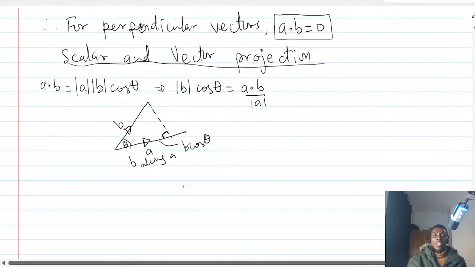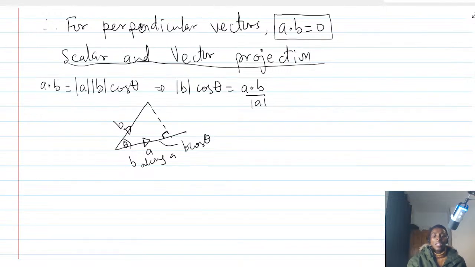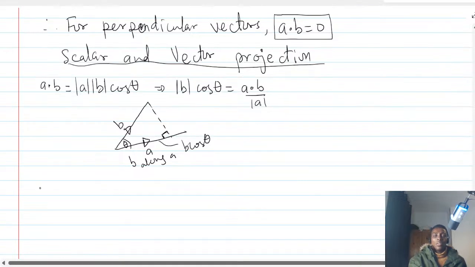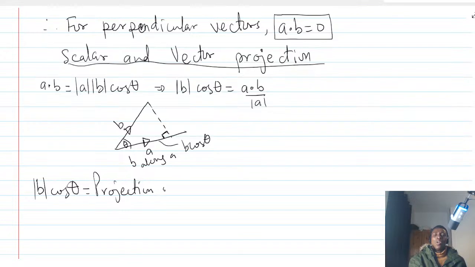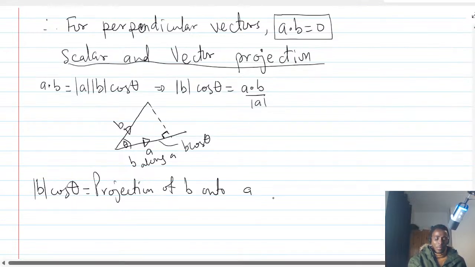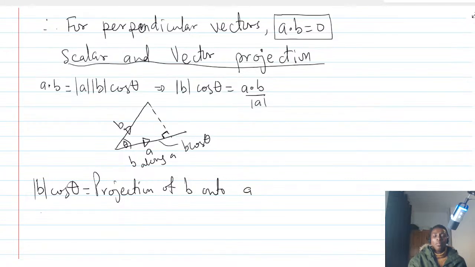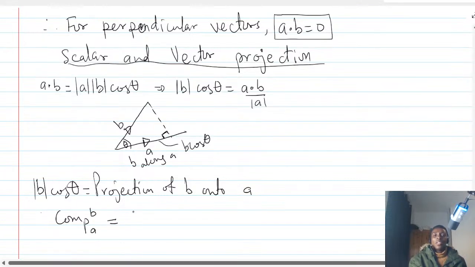We call this |B| cos theta the projection of B onto A. So |B| cos theta is equal to the projection of B onto A. In other words, we can also rewrite the component of B along A as A dot B divided by |A|.